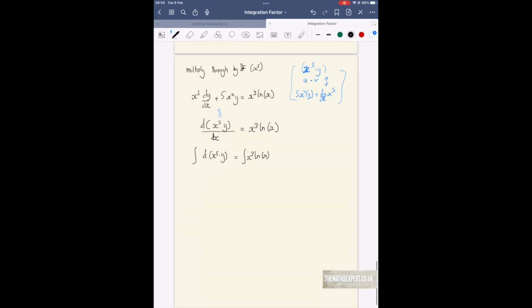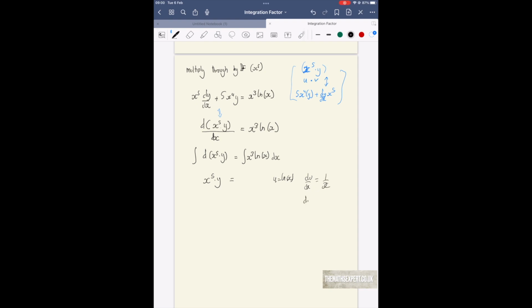I'm going to zoom out a little bit just so we have full scope of the work we're doing, right? On this side, it's simply just going to become x to the 5 dot y. And then on this side, we're going to have to do integration by parts. So I'm just going to get straight into it if that's okay. I'm going to use u as ln x because then du over dx quickly becomes 1 over x.